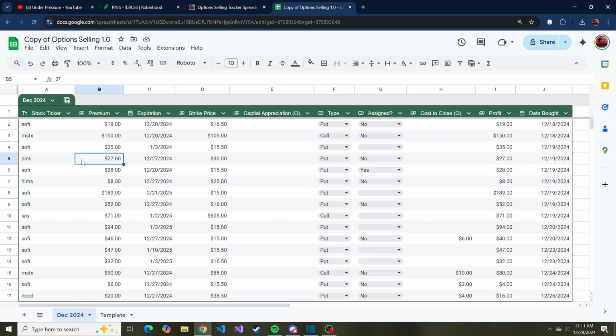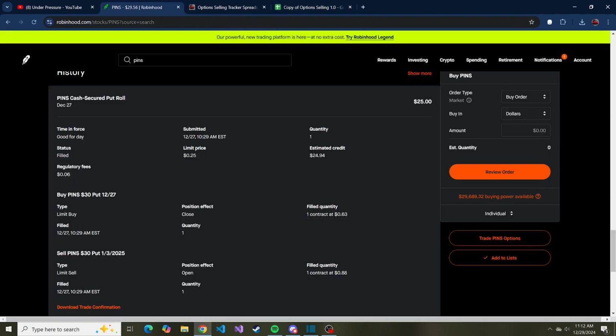But if we look on line 5, this is the initial put that I sold on Pinterest. And this was the one that expired last Friday at the $30 strike, and I gained $27 in premium from selling this. And how I could track rolling a put, I guess I could do it multiple ways, but I'll show you the way that I do it. So once I rolled this position, remember, I bought to close this one that expired last Friday.